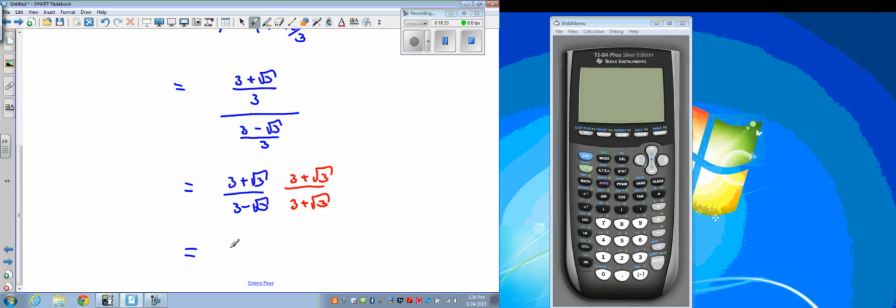So now that numerator is going to be 9 plus 2 times 3 square root of 3, right, Brody? Plus 3. And then the denominator is 9 minus 3.